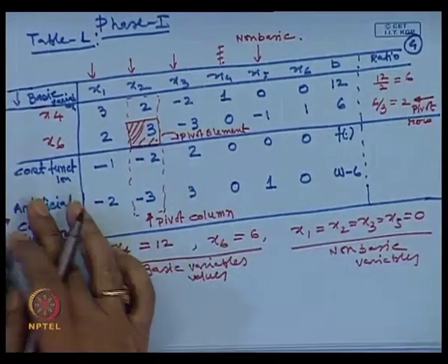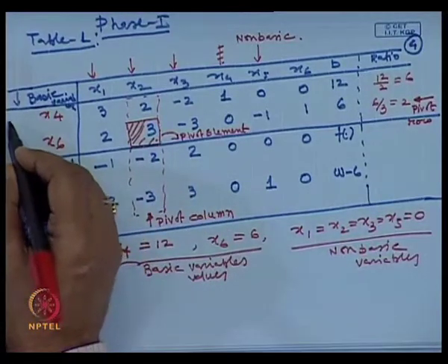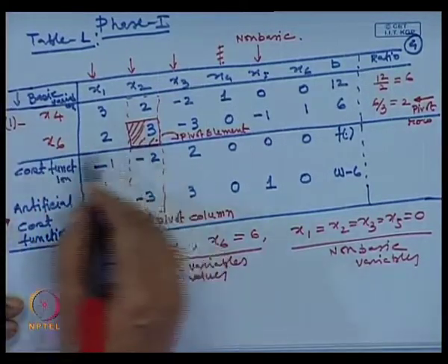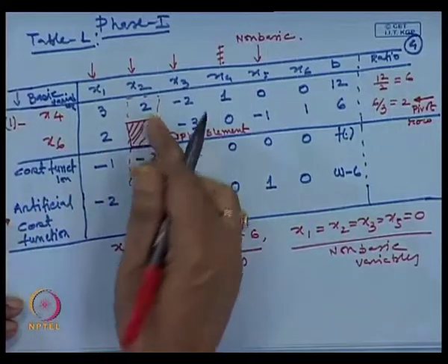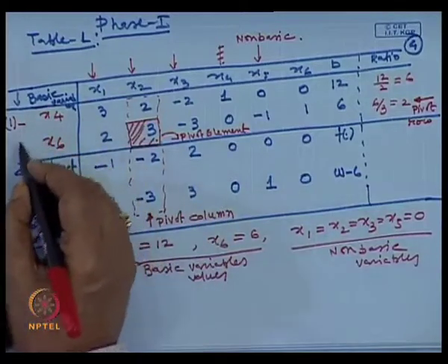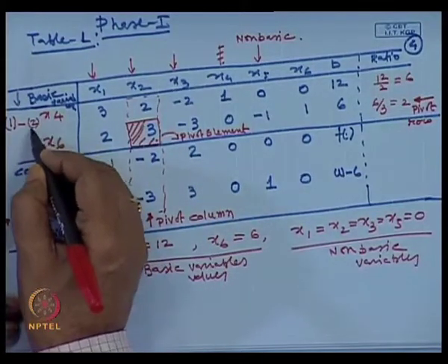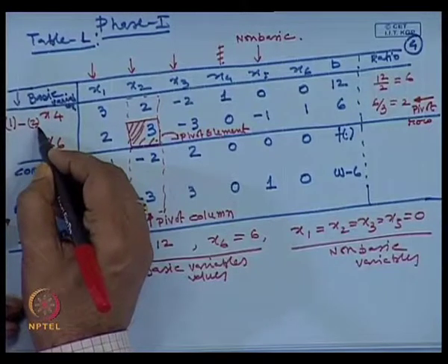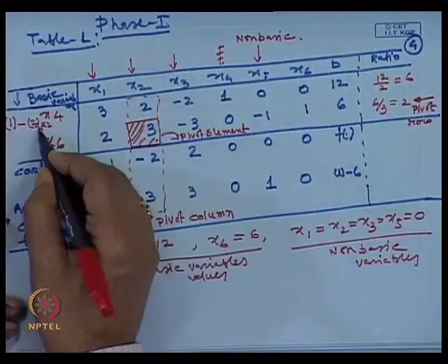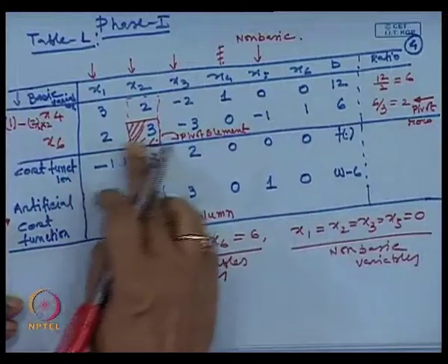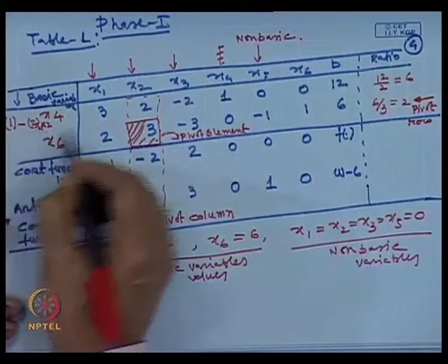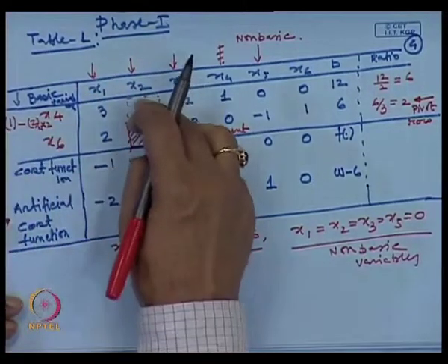So, if you normalize this one, I am writing equation number 1 minus equation number 2 normalized, then multiplied by 2. Equation number 2 is normalized by 3, or you can write equation number 2 divided by 3 into 2, then subtract from equation number 1.